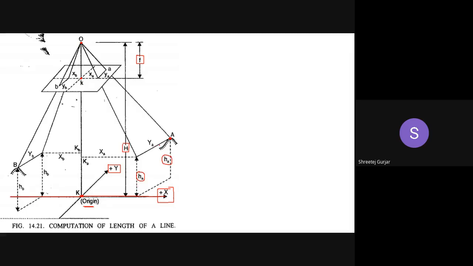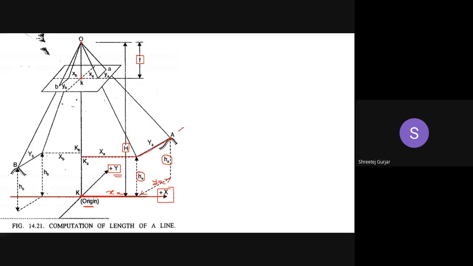Okay, so this thing is what? This is the y coordinate. You can see here this distance is nothing but the y coordinate of point A. And this distance from here to here, which I'm drawing over here, is the X coordinate of point A, and this is the y coordinate of point A. That can be represented here as XA and YA.